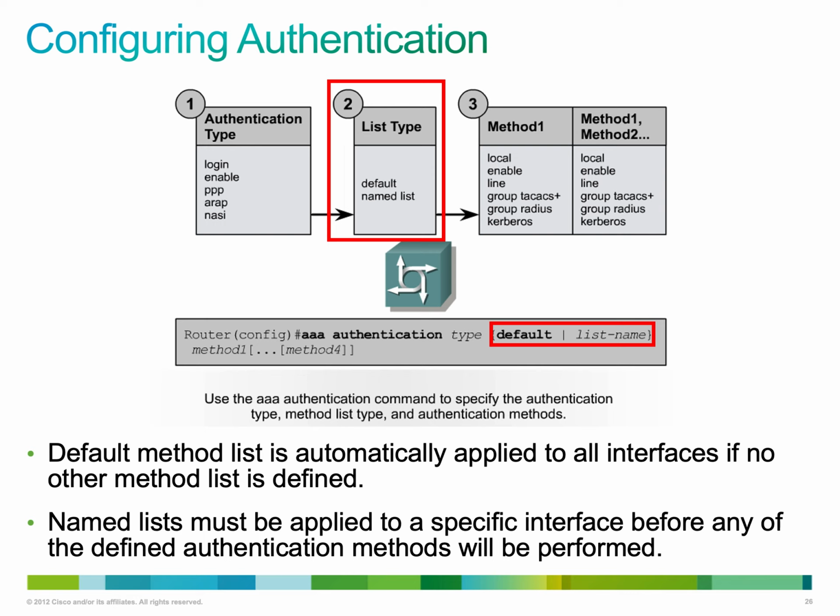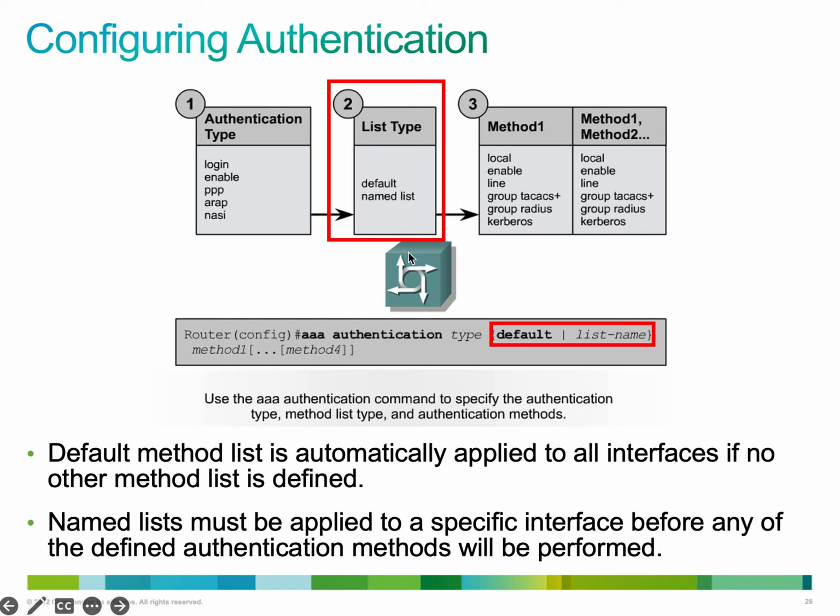A name list must be applied to a specific interface before any of the defined authentication methods will be performed. So before you perform any authentication that you want to do, you have to apply the name list first. Okay? So here we have to enter the default name list.